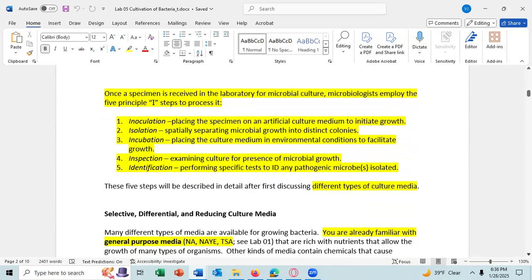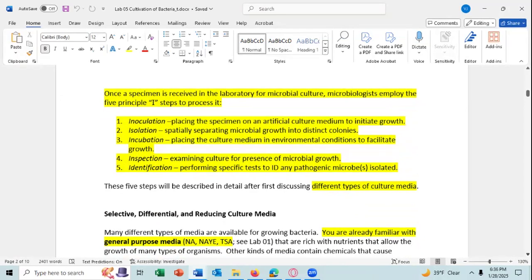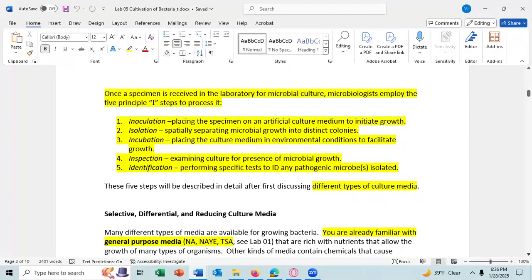So 1, inoculation, that's placing the specimen on an artificial culture medium to initiate growth. 2, isolation, you then need to spatially separate the microbial growth into distinct isolated colonies. 3, incubation, that's placing the culture medium in an environment having conditions to facilitate the growth of microbes. 4, inspection, examining the culture for the presence of microbial growth.